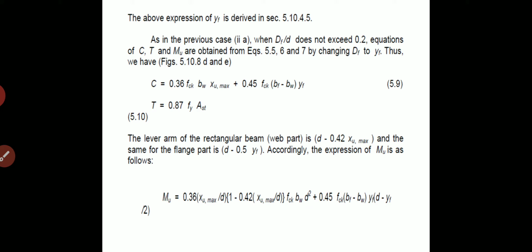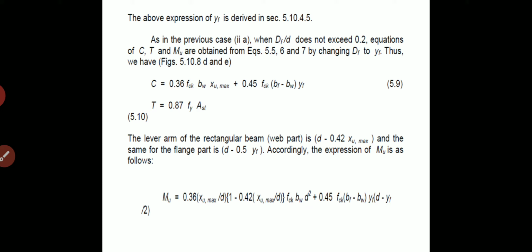Thus we have C, compression side, equal to 0.36 fck into bw into Xu max plus 0.45 fck bracket bf minus bw bracket close Yf, and tension side 0.87 fy Ast.